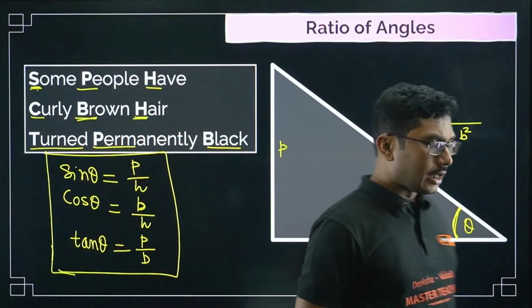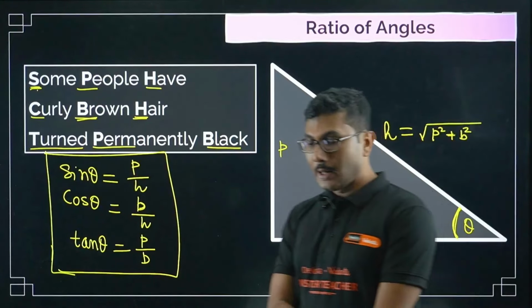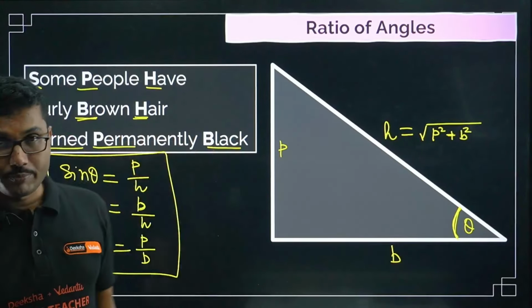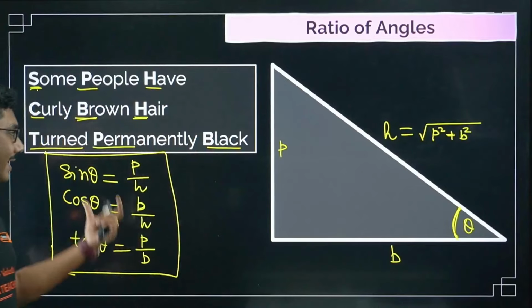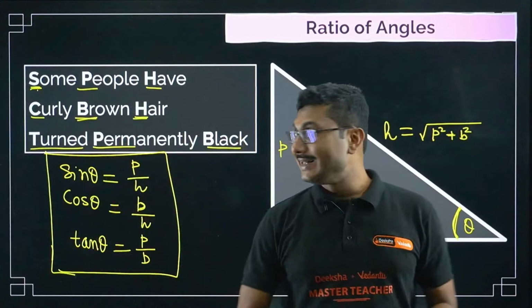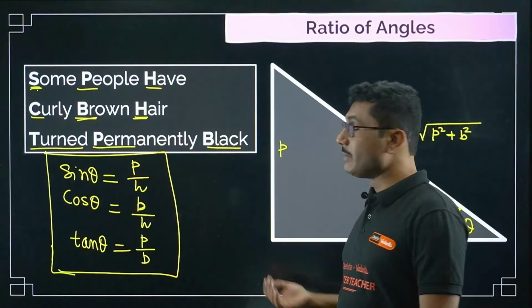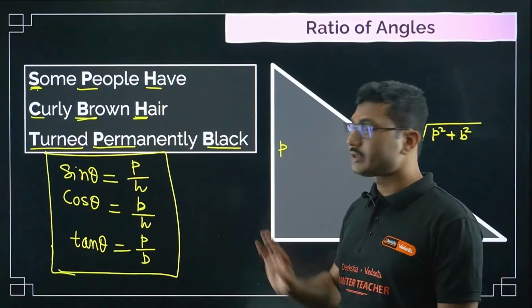While communicating with the students, especially those in PU1 and some from PU2, they often lack this knowledge and they just try to memorize it: sine is P by H, cos is B by H, and they lose it somewhere.